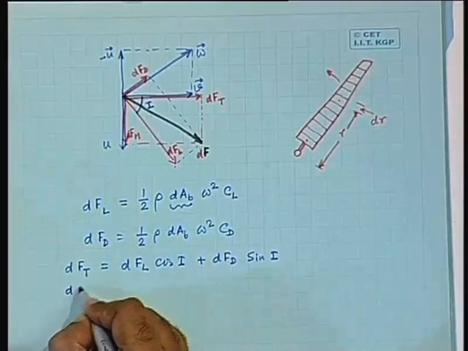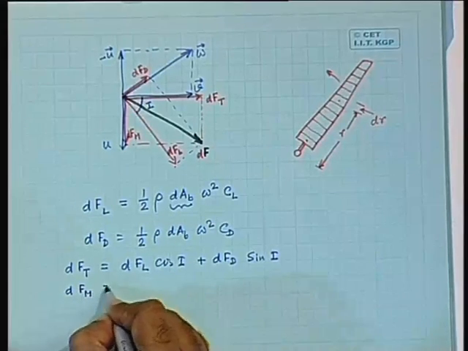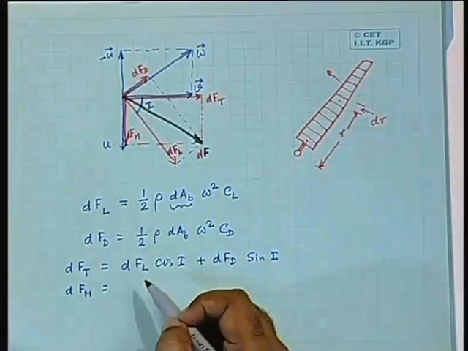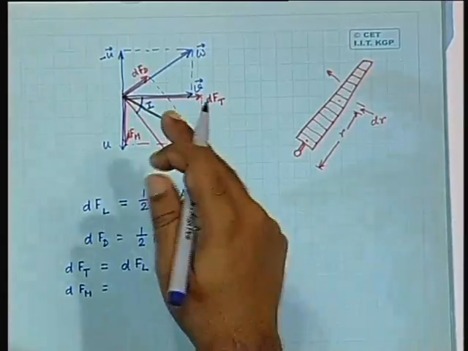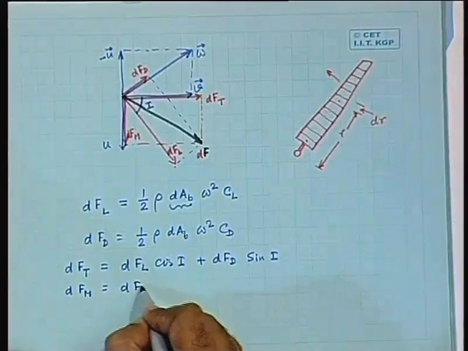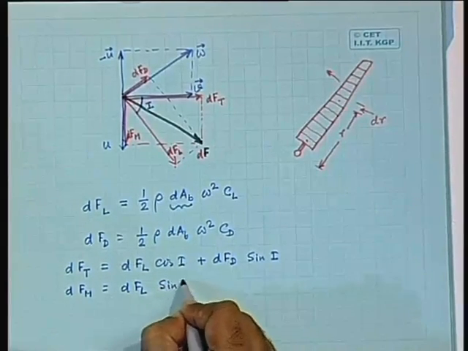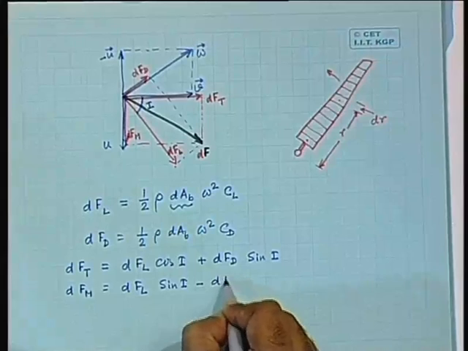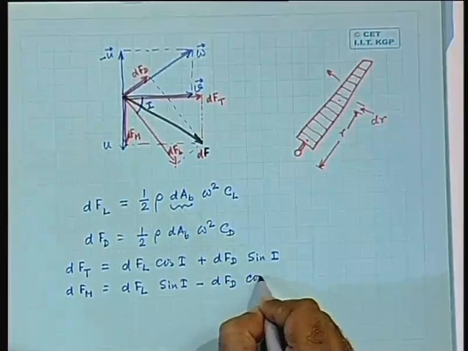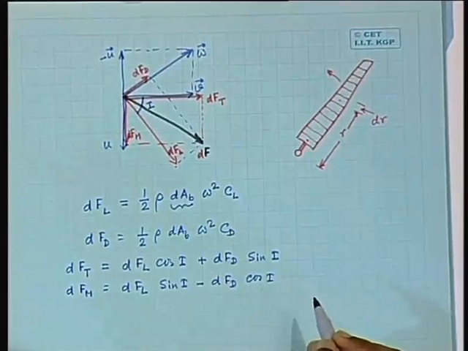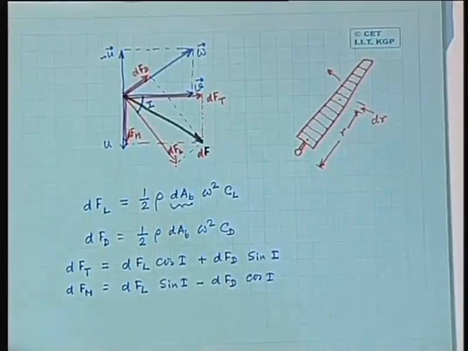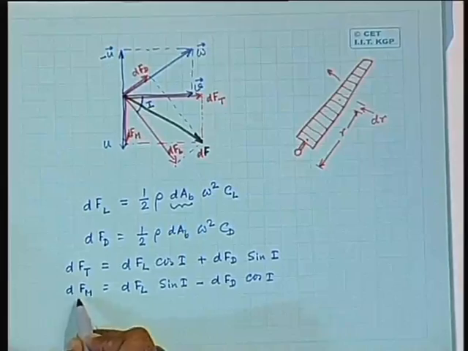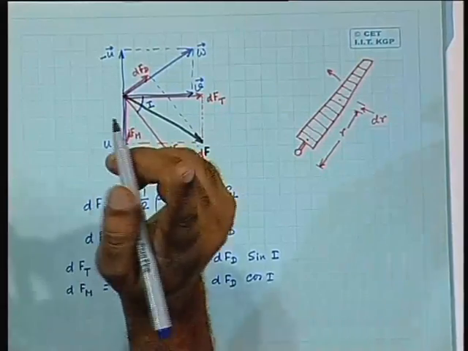Now dFM will be this force, dFL sin I minus dFD cos I. Now dFM is the moment producing force. How much will be the moment?